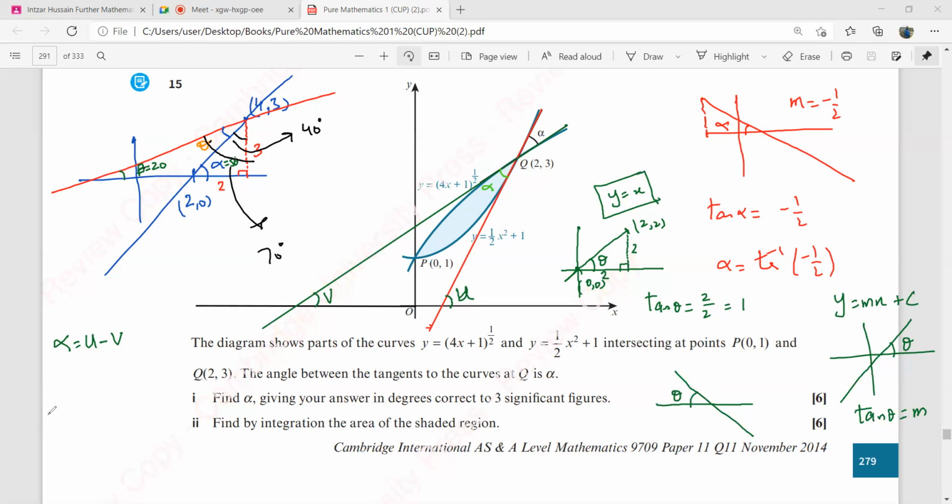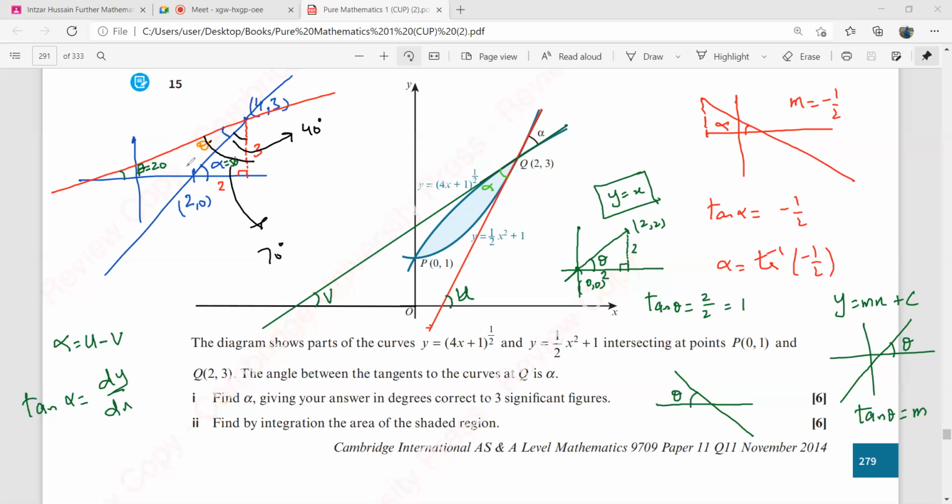So if you want to find the angle that a tangent makes with the x-axis, say that angle is alpha, then tan alpha will simply be equal to dy by dx. So this formula of the angle between a line and the x-axis has been modified into tan alpha equals dy by dx.